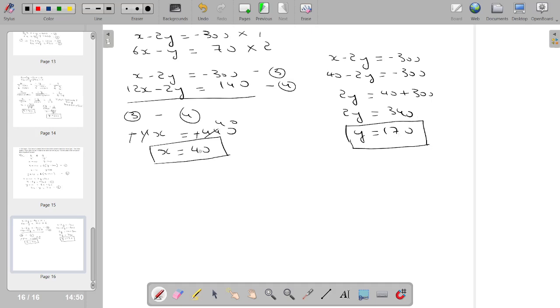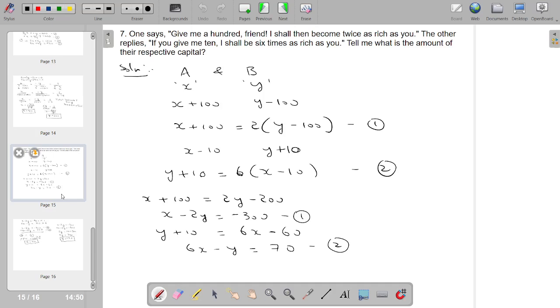X is equal to 40 rupees is the original amount person A has. Y is equal to 170 is the amount person B has originally. This is our answer. So person A has 40 rupees, person B has 170 rupees.